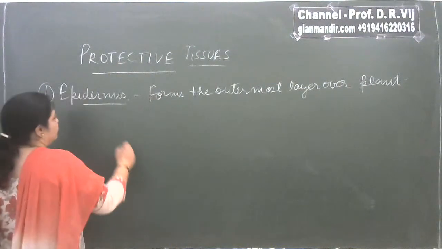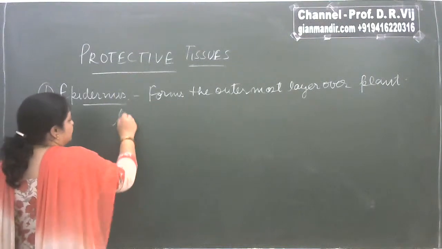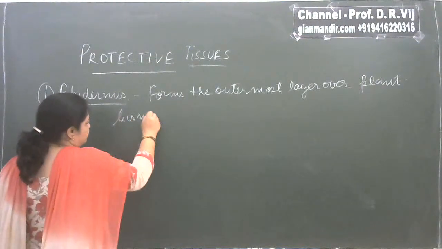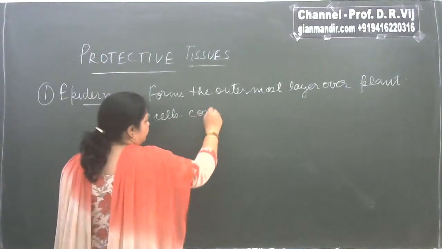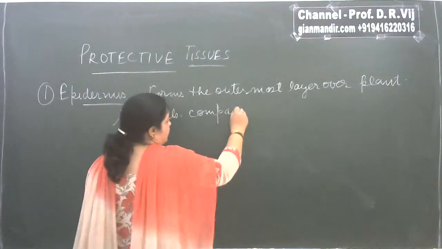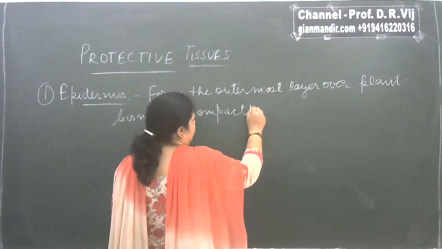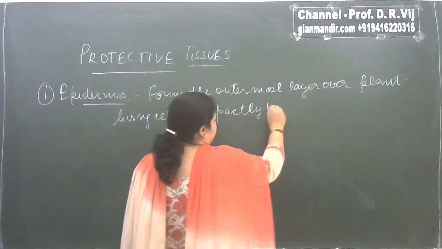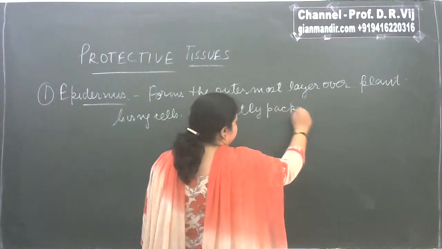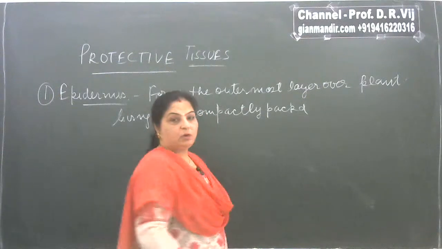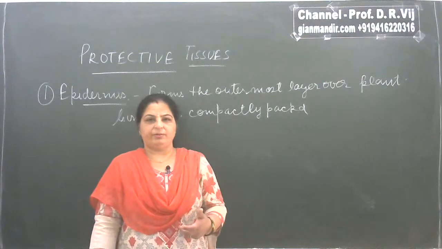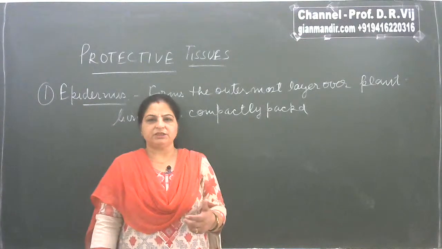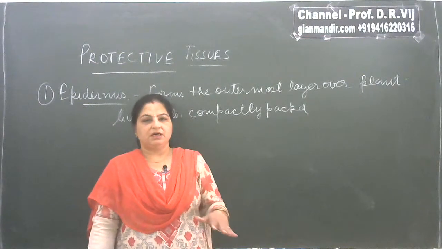And if you look at the cells of epidermis, the epidermis is made up of living cells that are compactly packed, having no intercellular spaces. As you know, their function is to provide protection. Then in order to provide protection, they must be continuous.